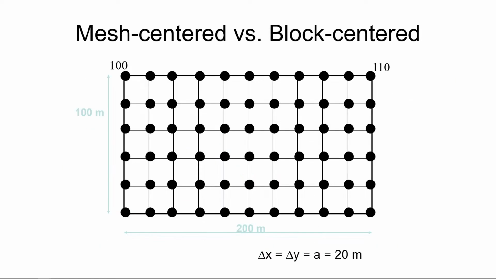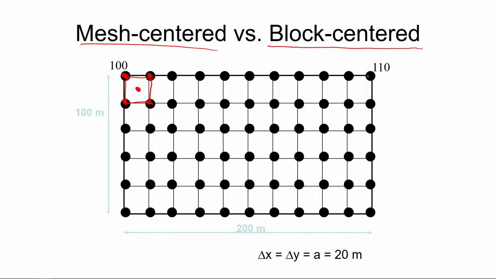So here is an example. You can do this discretization in different ways. One way is called mesh centered, and one way is called block centered. Mesh centered means I will calculate the head at the grid cell boundaries, here, here, and here. Block centered means I will just calculate the head at the center.